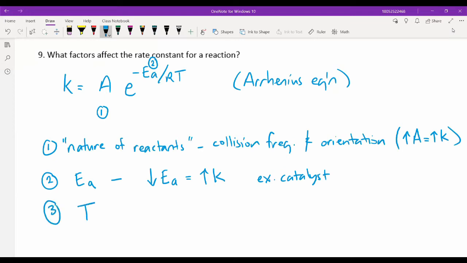And then temperature is also here. Again, R is a constant, it's not changing.